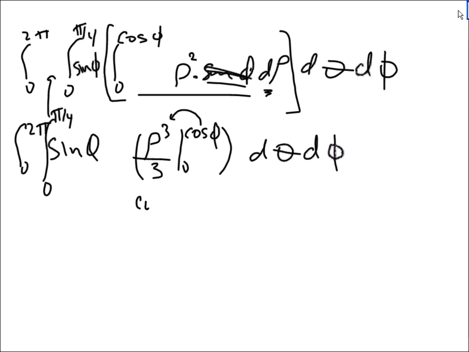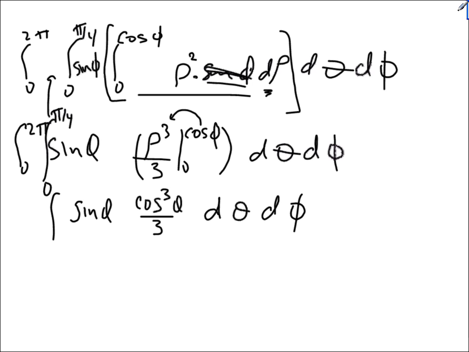Here you're going to get cosine cubed phi over 3 minus 0 cubed over 3, which is 0. So this is what we get. The 1/3, I'm going to factor out in front.